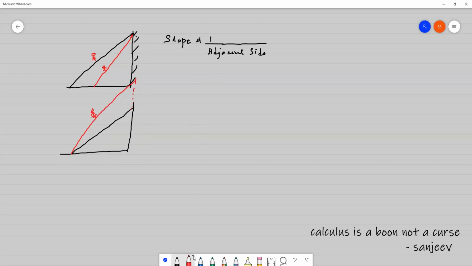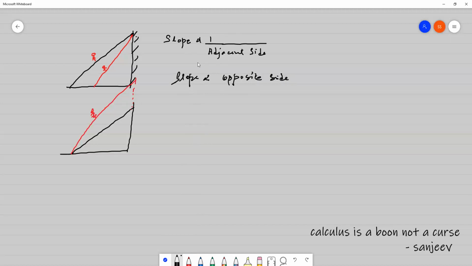So I can say that slope is directly proportional to opposite side.